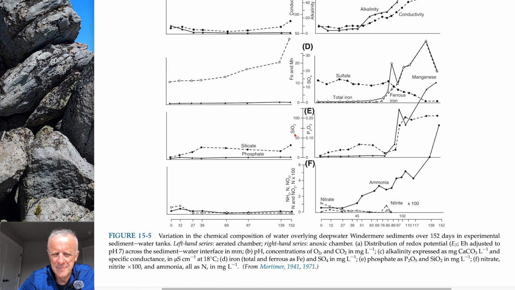Silicon dioxide, and then we have different scales. This is the scale on the left here for silicon dioxide, and this is the scale for P2O5 here. And so silicates and phosphates, pretty stable. A little increase at the end of the experiment here for silicate, definitely an increase for silicate here, and an increase for phosphate.